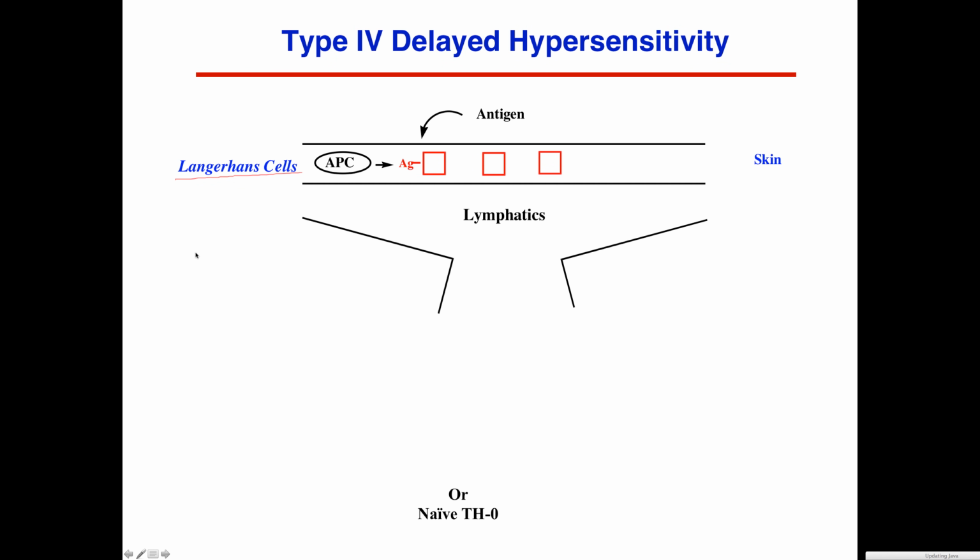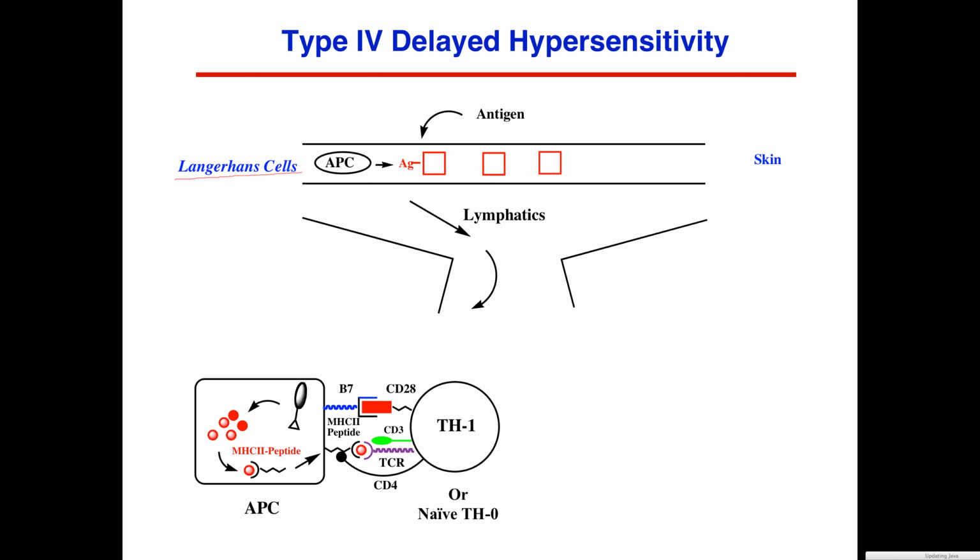And what they end up doing is moving down. They move from the skin areas into the lymphatics, and then from the lymphatics they will encounter Th1 cells or naive Th0 cells.